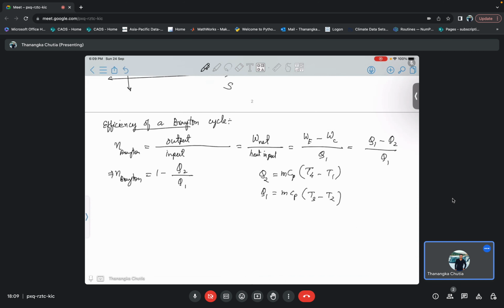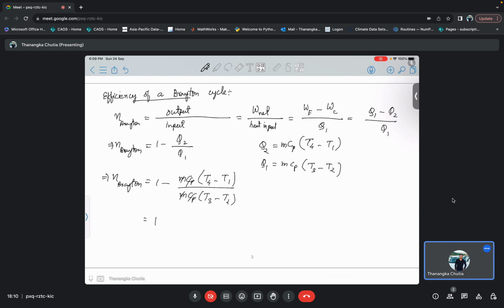So from here eta Brayton will become 1 minus M Cp (T4 minus T1) divided by M Cp (T3 minus T2). So this can be written as 1 minus (T4 minus T1) divided by (T3 minus T2).